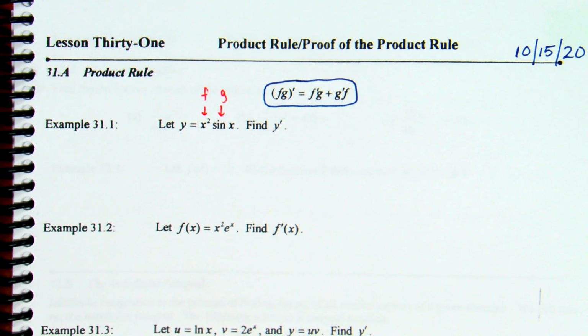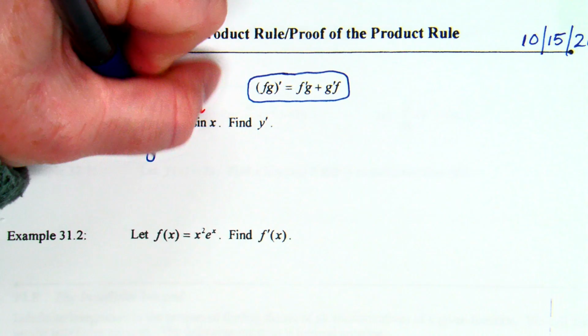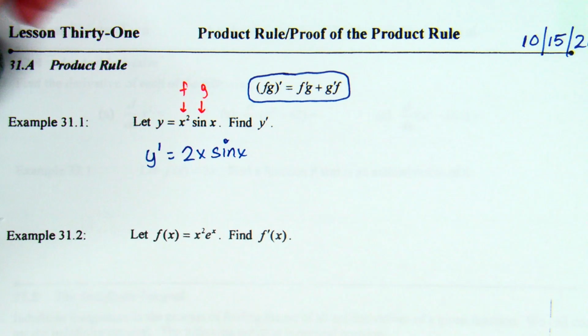y is x squared sine x. So you're asked to find y prime. The derivative of f. So what's the derivative of x squared? 2x times you keep the sine x as is. That's a product rule, so it's plus. And this time, you keep the x squared, and the derivative of sine x is cosine x.